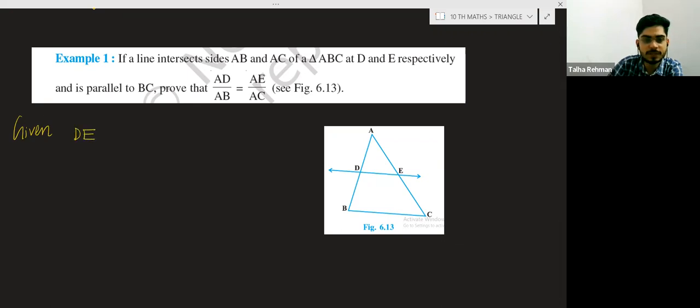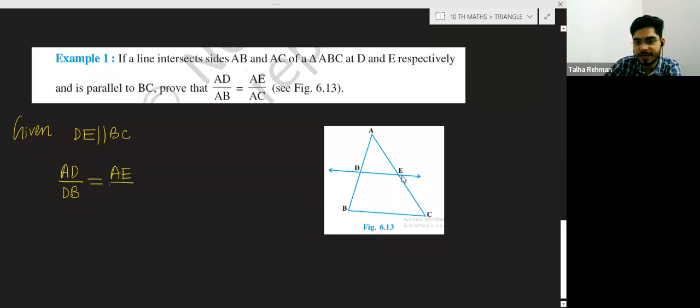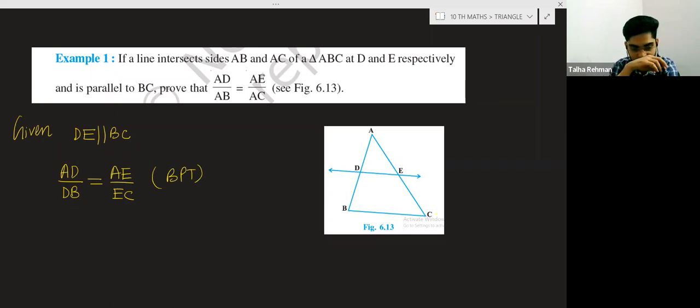This DE is parallel to which side? BC. So from the BPT, AD divided by DB is equal to AE divided by EC, if DE is parallel to BC, from the basic proportionality theorem.